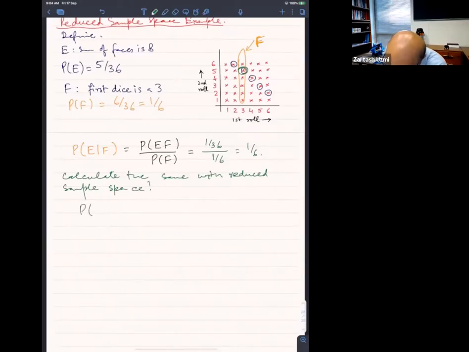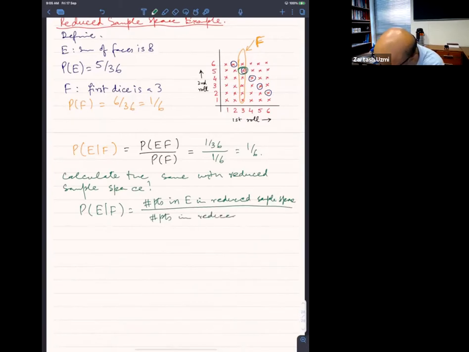So the probability of E given F is equal to number of points in E in reduced sample space divided by number of points in reduced sample space. And reduced sample space is really given F, so number of points in F.